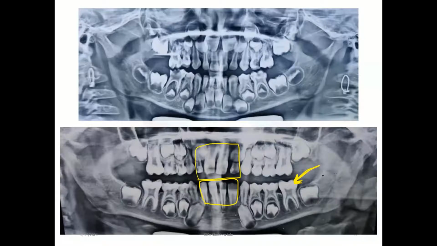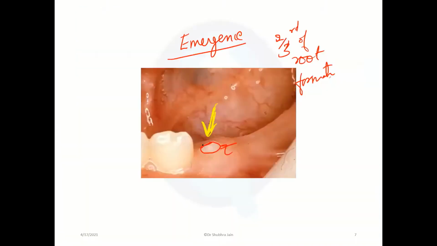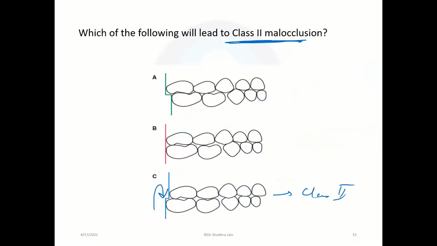So first permanent molars and 4 incisors come in the first transition period. Intertransition phase essentially has not much change, and in the second transition, all these teeth come. So there are 3 phases: first transition, intertransition, and second transition.